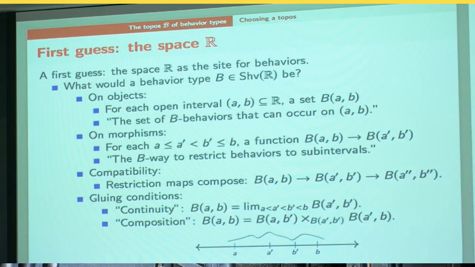So continuity says that if you look at what I can do between 9:30 and 10:30, and then you look at 9:31 to 10:29, then 9:30 and 30 seconds to 10:29 and 30 seconds, and you do expanding windows, then what I can do over the big window, 9:30 to 10:30, is the limit of these other ones. And composition gluing says that if you have one section over one time interval, and a section over another time interval, and they agree on the overlaps, then you can extend it to the whole time interval.